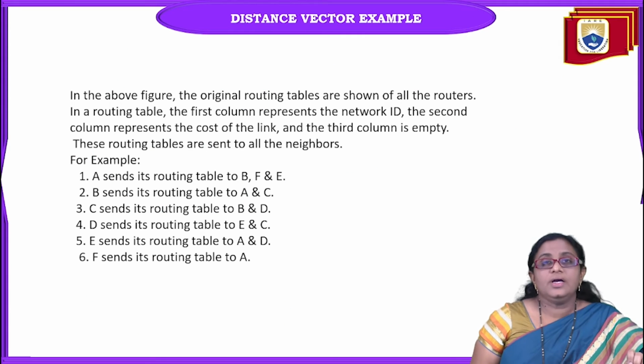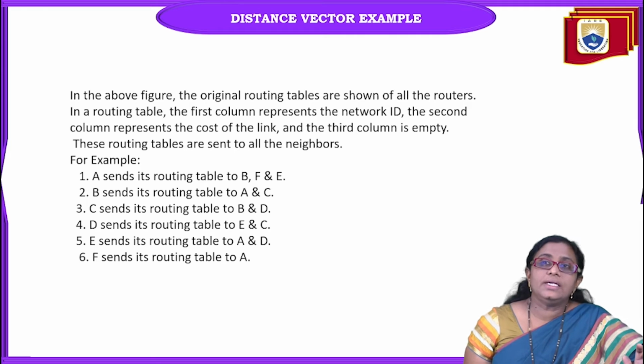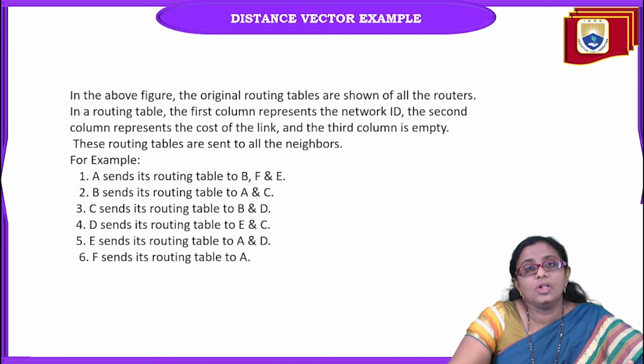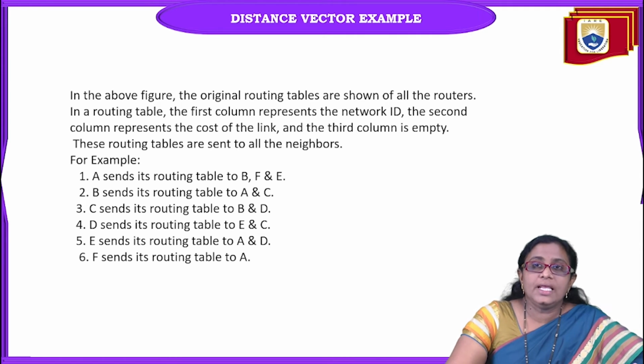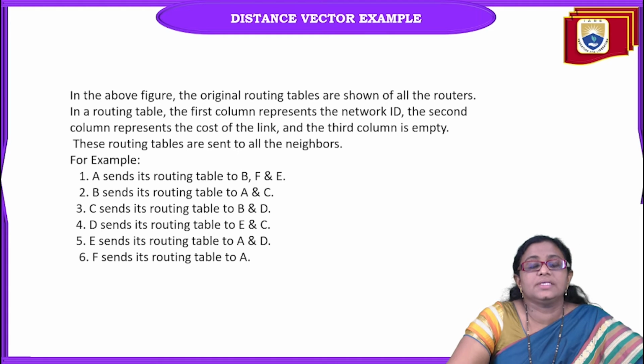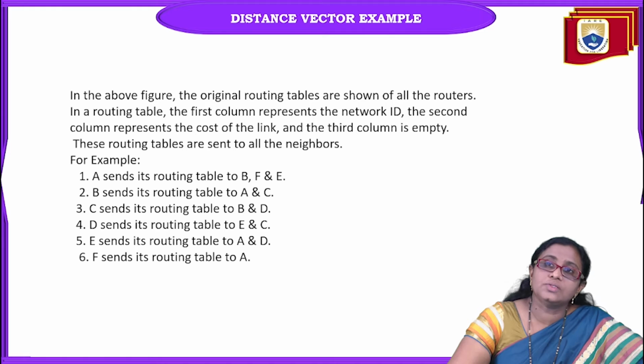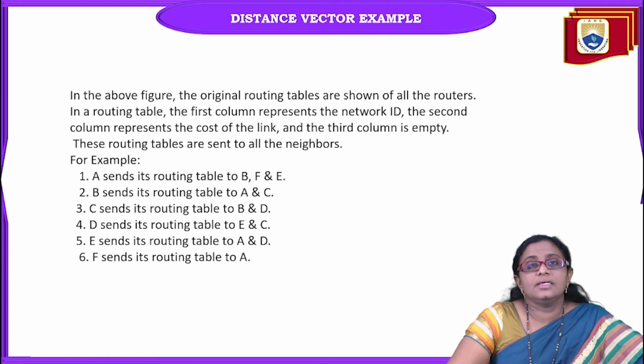In the above figure, the original routing tables of all the routers are shown. In a routing table, the first column represents the network ID, the second column represents the cost of the link, and the third column is empty, which is nothing but the hop, the distance.